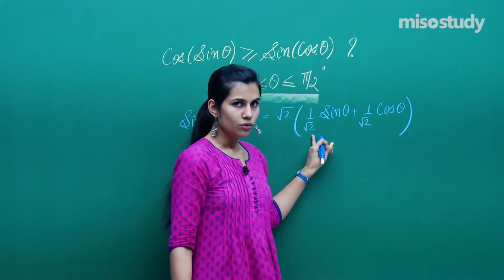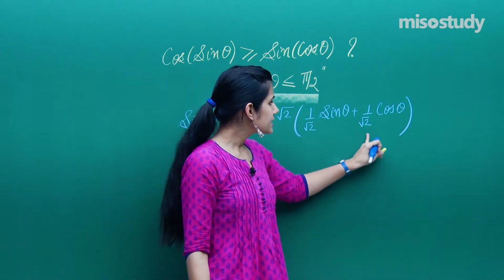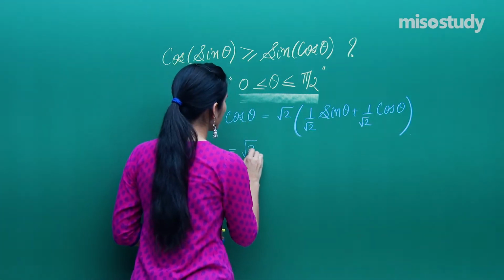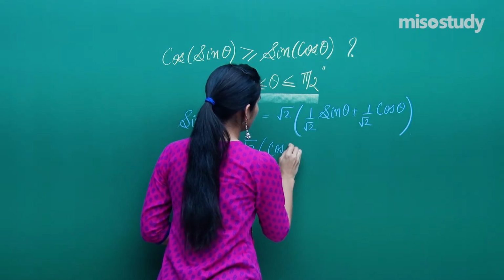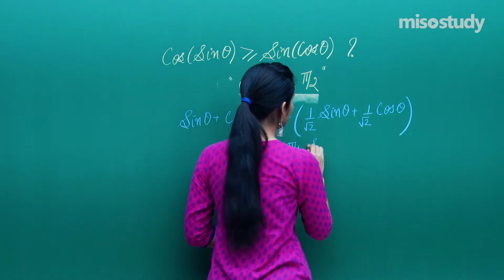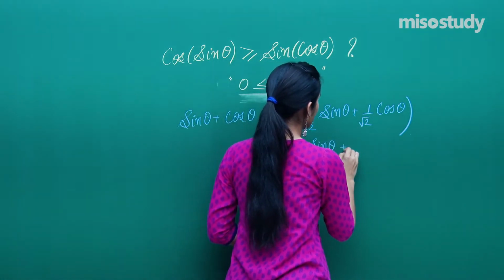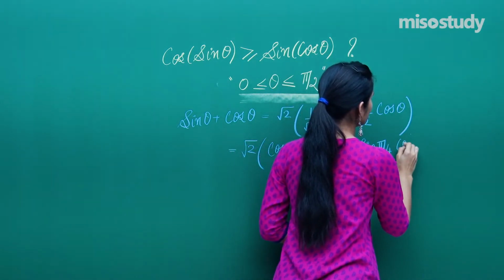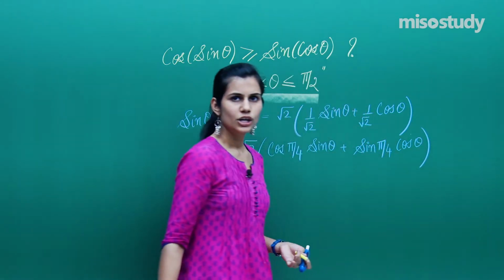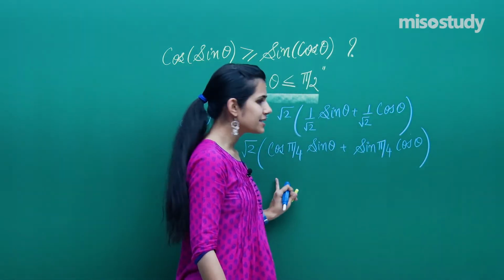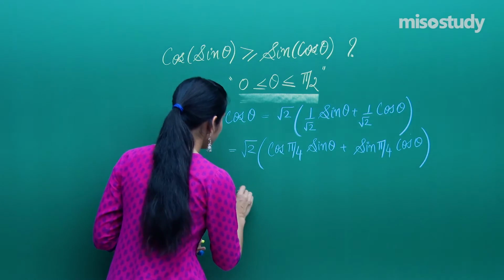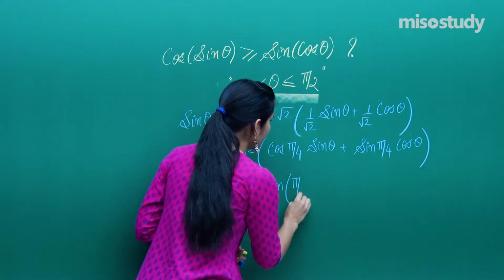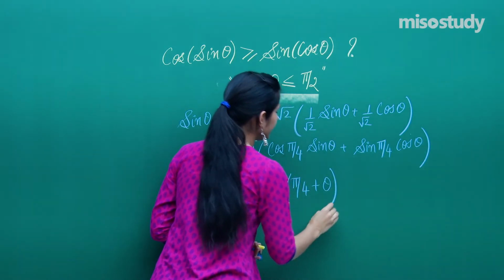And because I know cos pi by 4, sine pi by 4 both are 1 by root 2, I can further transform it as cos pi by 4 sine theta plus sine pi by 4 cos theta. So it's almost like sine A cos B plus cos A sine B, that's sine of A plus B. So root 2 sine of pi by 4 plus theta.